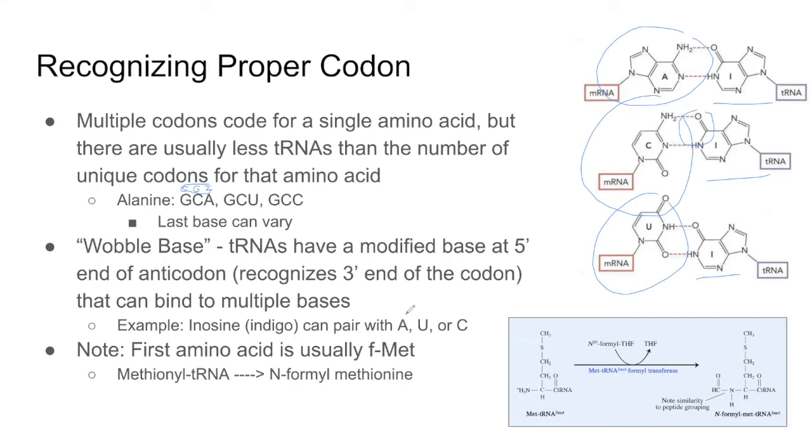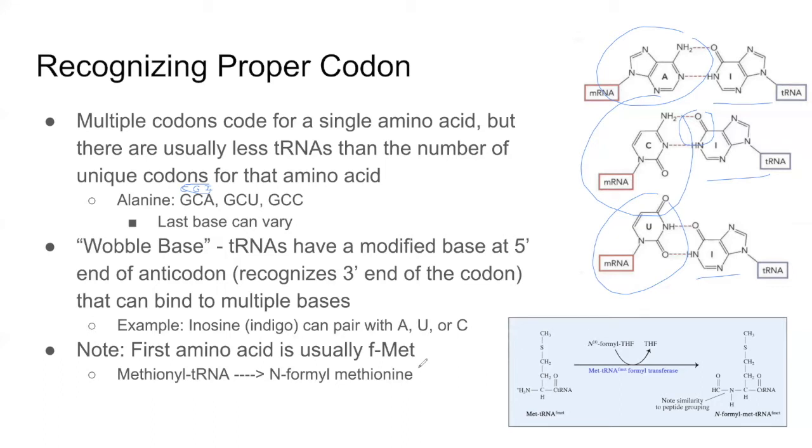This allows for redundancy. This way, the cell can have only one tRNA for alanine that can recognize all of the codons for alanine. It's a very common question to ask about the wobble base. If ever there's a question about how a single tRNA can recognize multiple codons, they probably utilize a wobble base by having a specific nucleic acid that can recognize multiple ones.